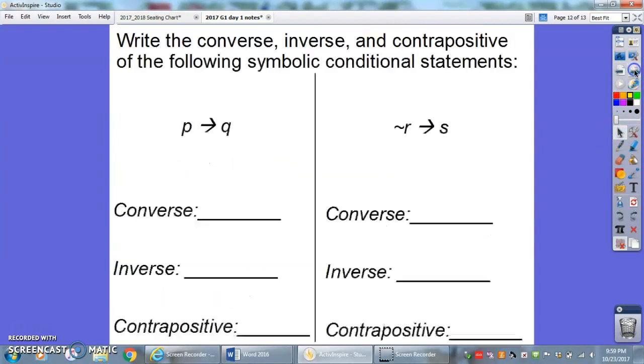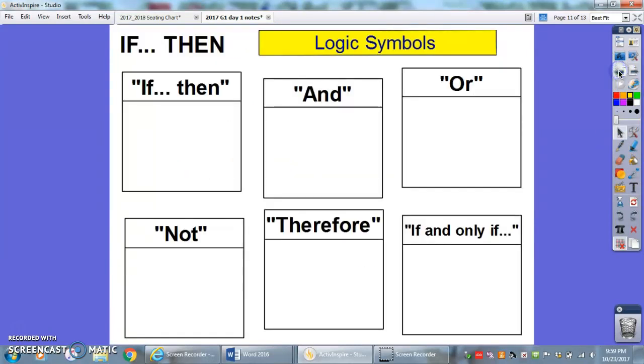So, let's finish up with the symbols. I've got 3 minutes. Let's see if I can do this. The symbol for if-then, I'm going to use the pencil here, so it's going to be a little sloppy, but the symbol for if-then is an arrow.